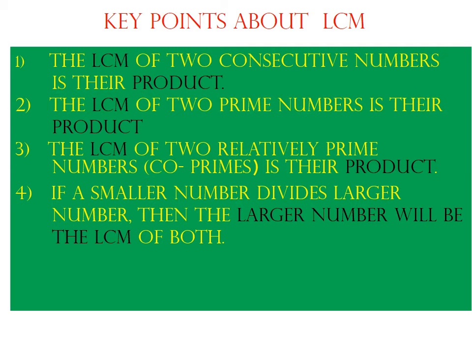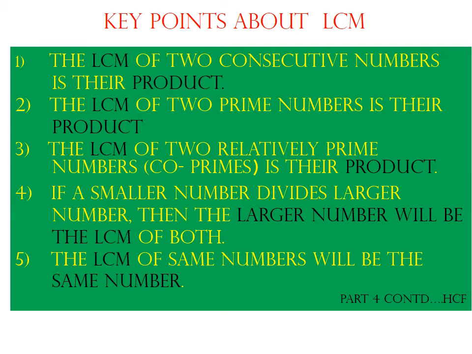In this case, the larger number 8 will be the LCM of 4 and 8. And also another example of 5 and 10. 5 is the smaller number, 10 is the larger number, but 5 divides 10. Therefore, the LCM of 5 and 10 will be the larger number 10.